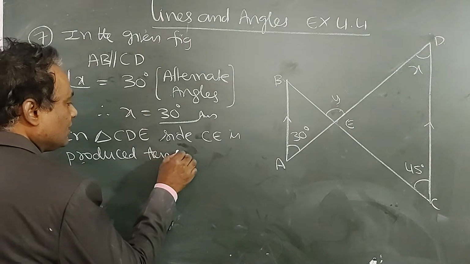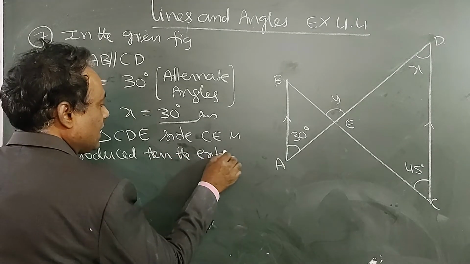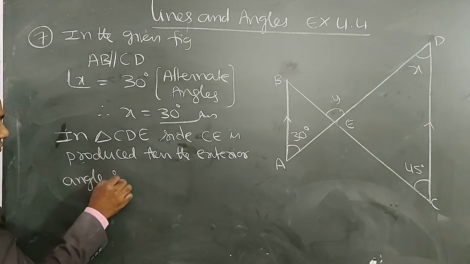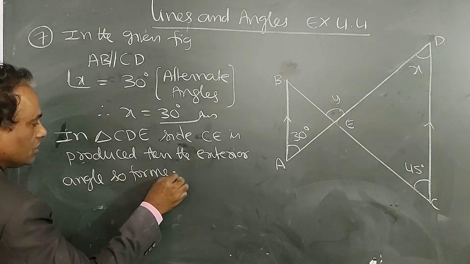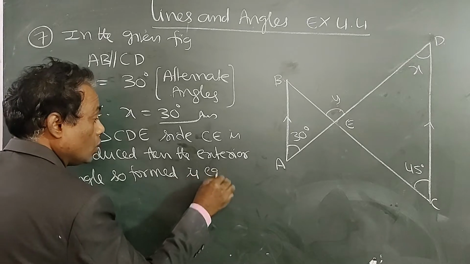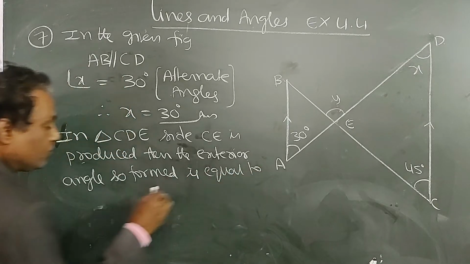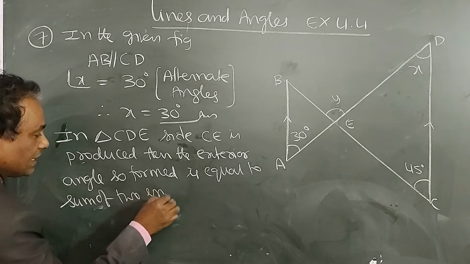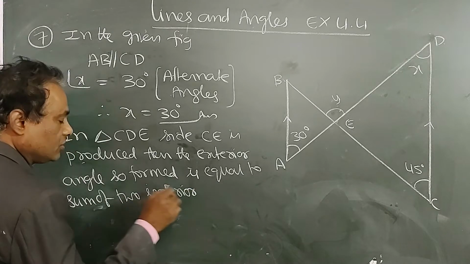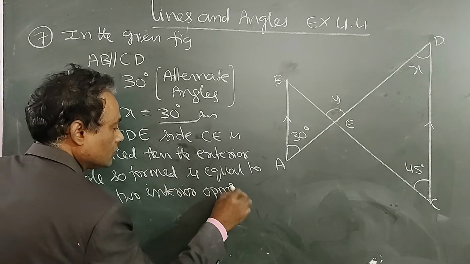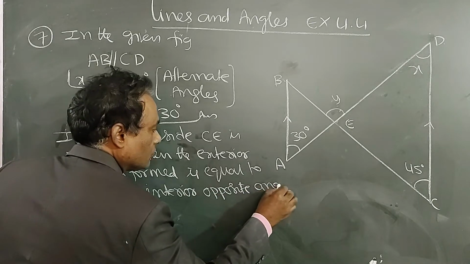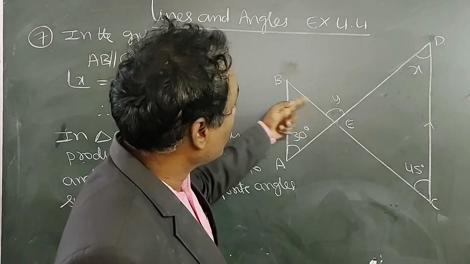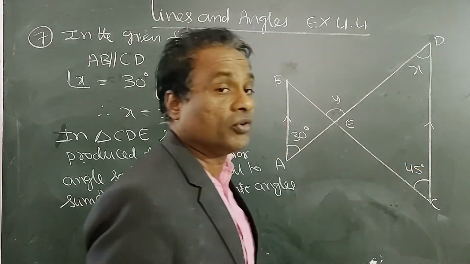Then the exterior angle so formed is equal to the sum of two interior opposite angles.